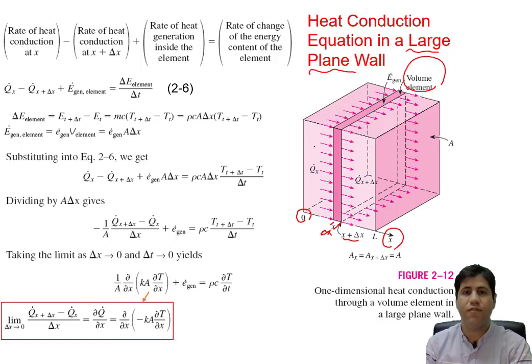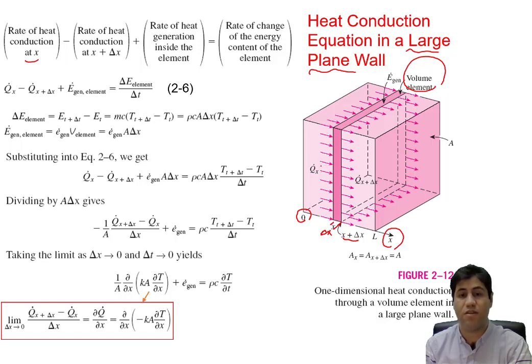Then we have heat transfer by conduction to this volume element: rate of heat conduction at x minus rate of heat conduction at x plus delta x. This is the change in the energy of this volume during this heat transfer process. The energy at this point minus the energy at this point.